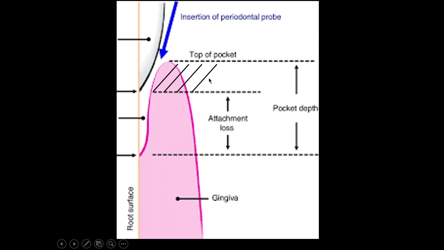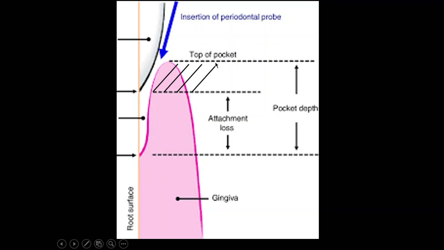So when we have a periodontal pocket depth, for example, measuring 6, the normal distance from the CEJ to the top of the pocket is 2 millimeters.